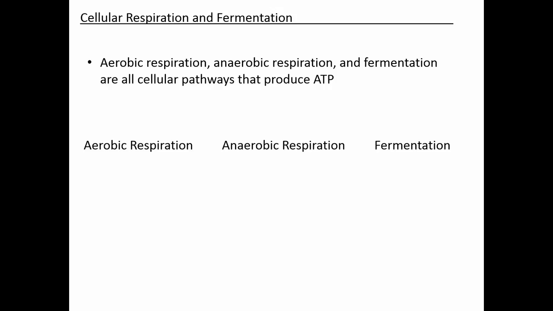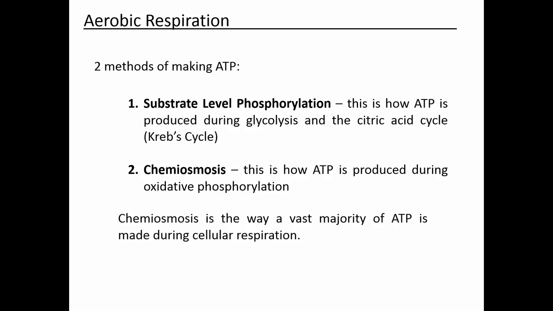Okay? So it's really important to be aware of the inner membrane and then also those two regions. We won't be mentioning the outer membrane at all, but we will be mentioning those two regions along with the inner membrane. Okay. Also, when we discuss these different topics, the goal is to make ATP.